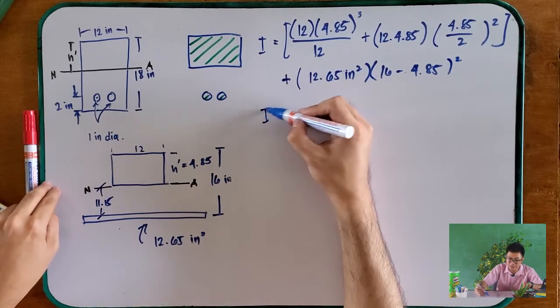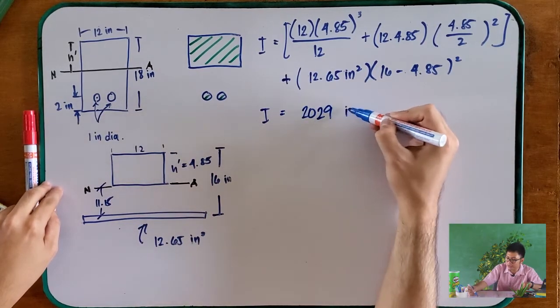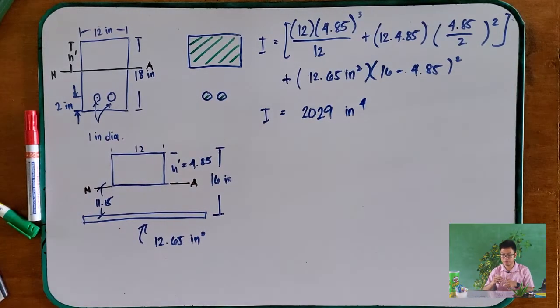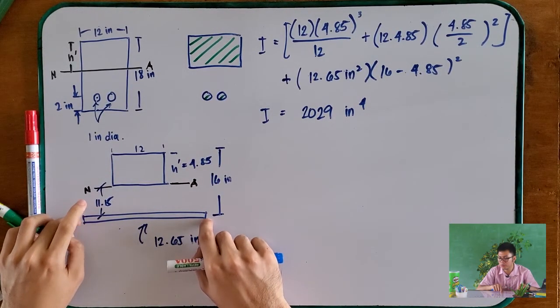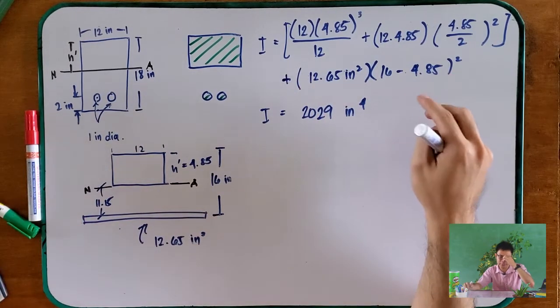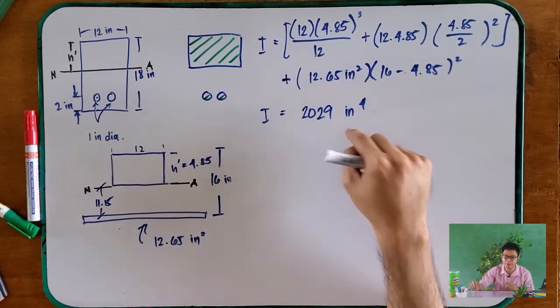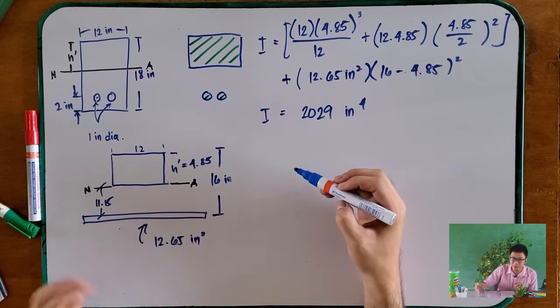And we will have an answer of 2029 inches to the fourth. So take note, if only the area is given and you have no base and height, you will just use A times D squared. Okay? Therefore, 2029.